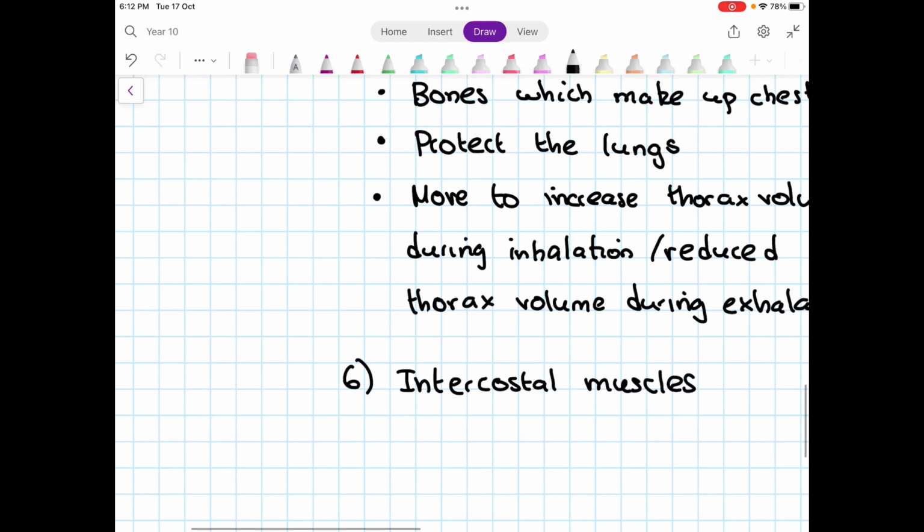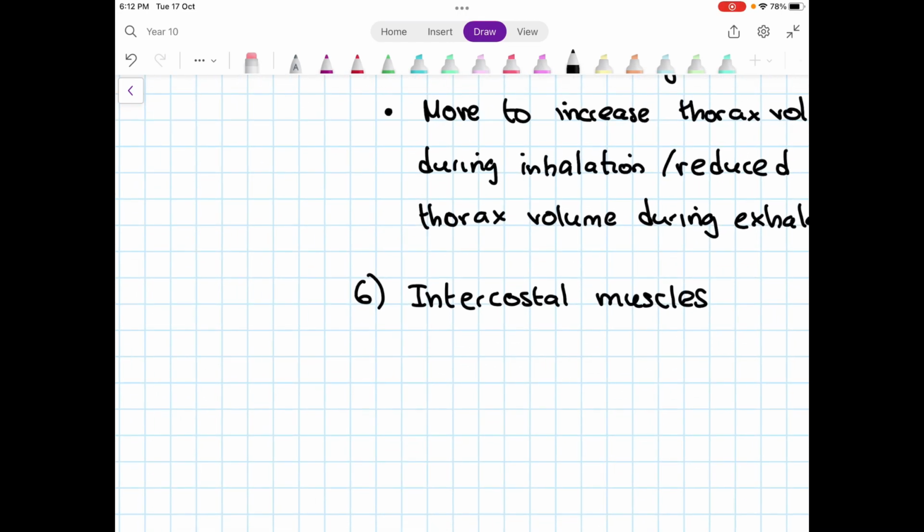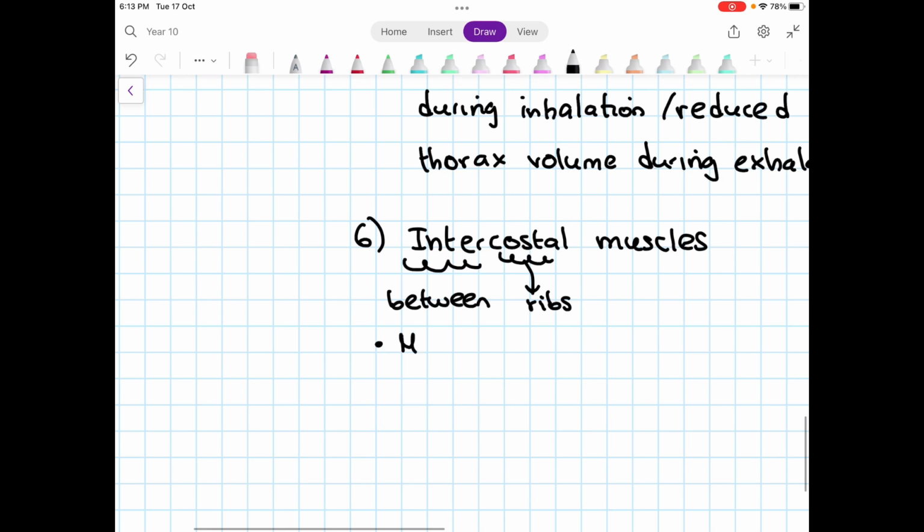Let's now move our attention to intercostal muscles. And these are the muscles in between the ribs. So it comes from the name. Inter meaning between, and cost, which means ribs. So they're the muscles between ribs. And we have both internal intercostal muscles and external intercostal muscles, which form an antagonistic muscle pair.